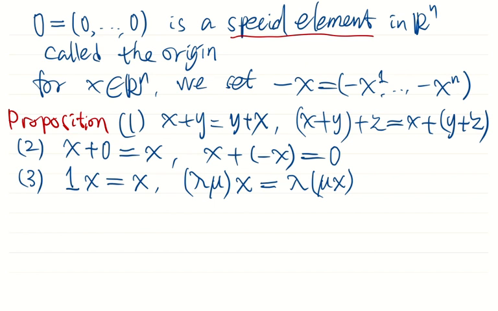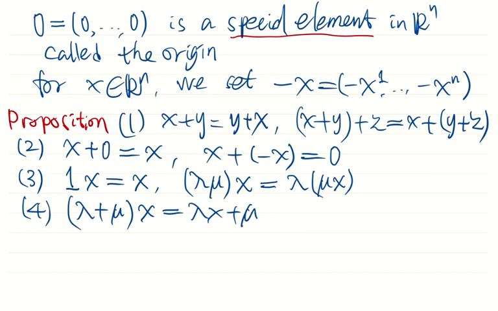Now the fourth statement is that for two real numbers, lambda and mu, lambda plus mu, a real number, multiplied by x equals lambda x plus mu x. And if we multiply lambda by the sum of two elements in Rn, x plus y, we will get lambda x plus lambda y.